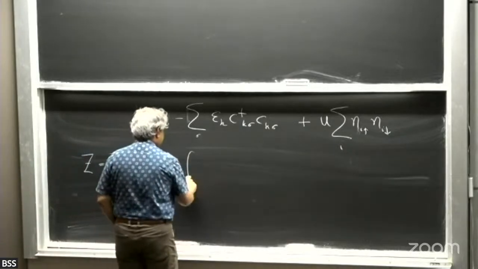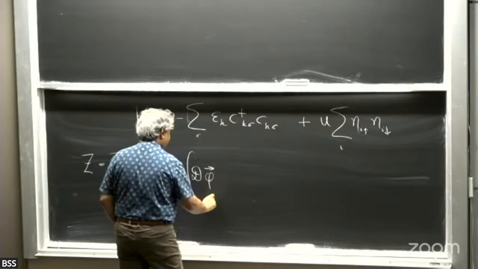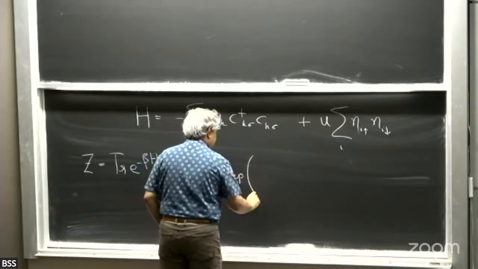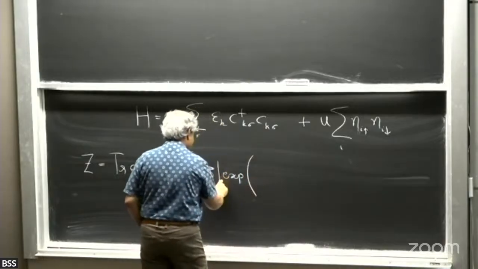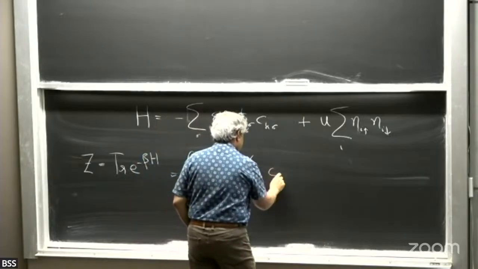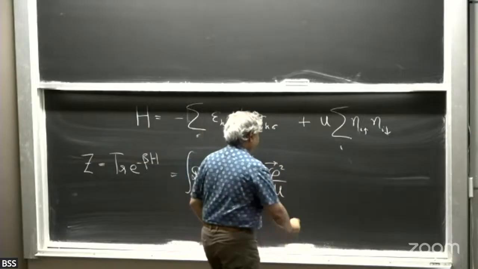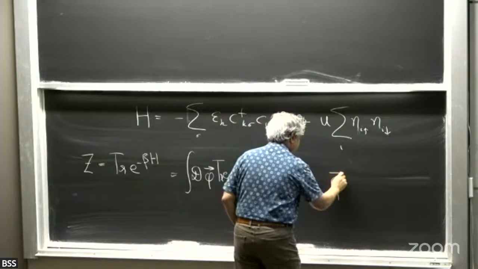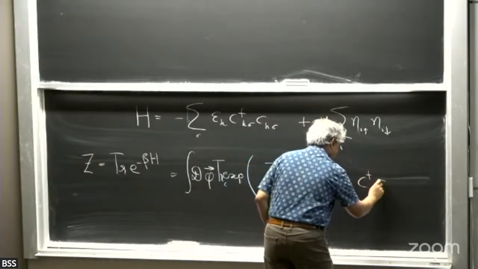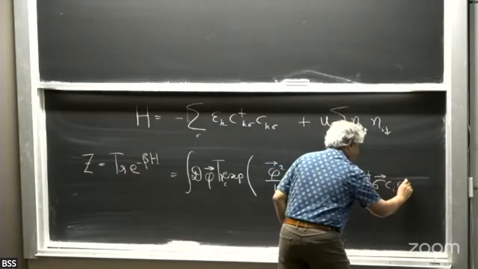So you can write this as some integral over some field, a vector field phi, exponential, and then there's a trace for the fermions of, again, I'll be very sketchy with the factors of 2 and so on, phi squared over U plus phi dot c dagger_i sigma c_i e^{iK·r_i}.